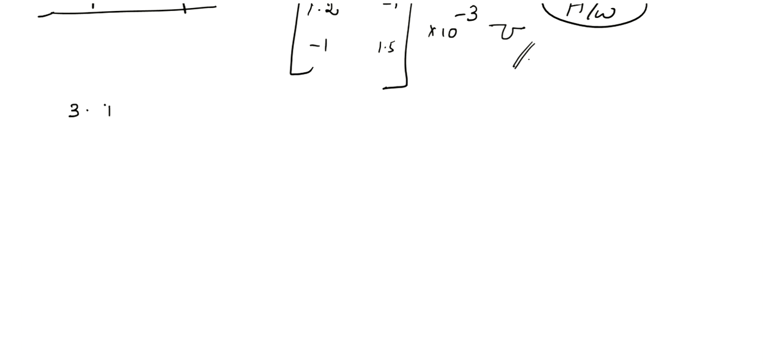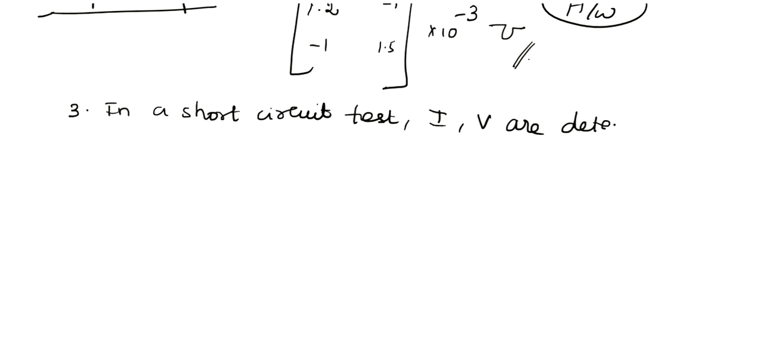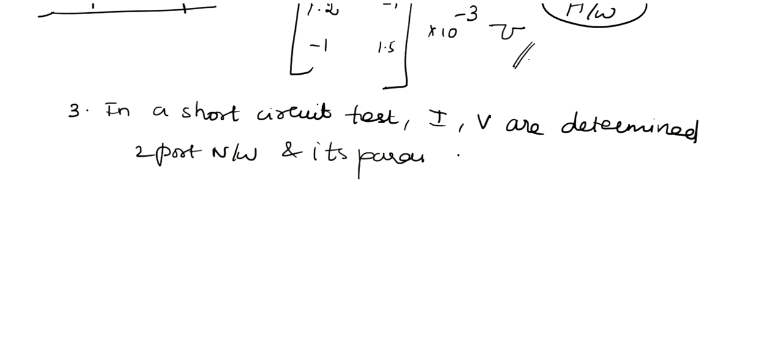Take the question: in a short circuit test, current and voltage are determined for a two port network with unknown parameters. Draw the network, find its parameters and draw the equivalent circuit.